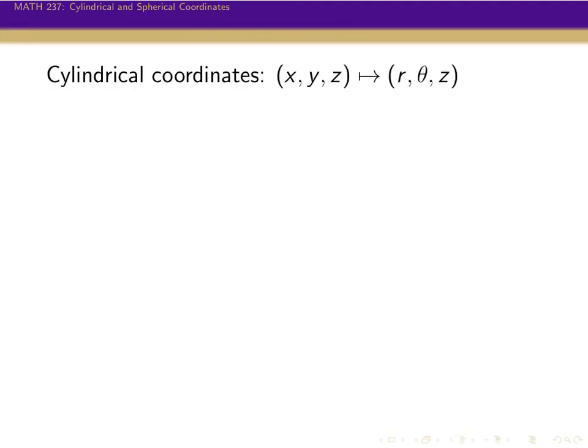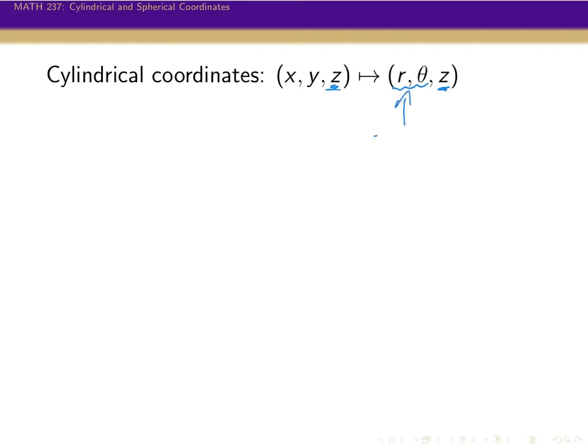In cylindrical coordinates, we're going from our normal x, y, and z to the coordinates r, theta, and z. And you've seen r, theta, and z before. Z stays the same. R and theta we saw before in polar coordinates, and they mean the same thing here.